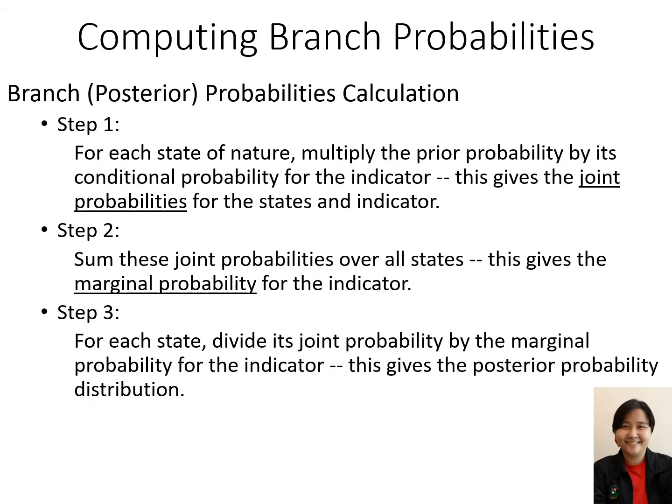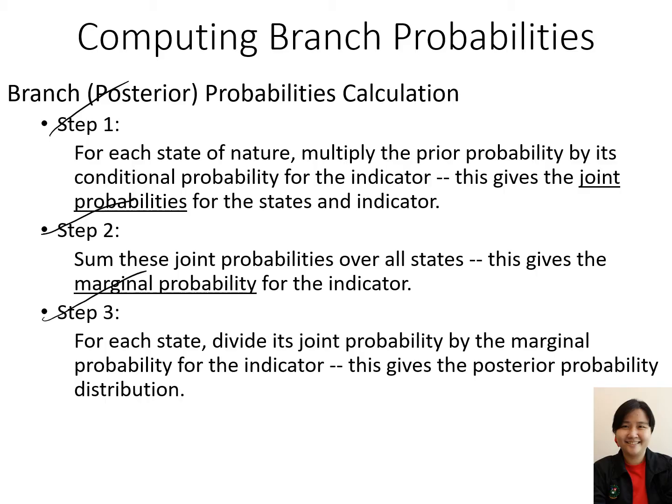To derive the posterior probabilities, we need to follow these steps. For step 1, we multiply the prior probability by the conditional probability to get the joint probability for each state of nature. For step 2, we add up all the joint probabilities, and the sum is called the marginal probability.